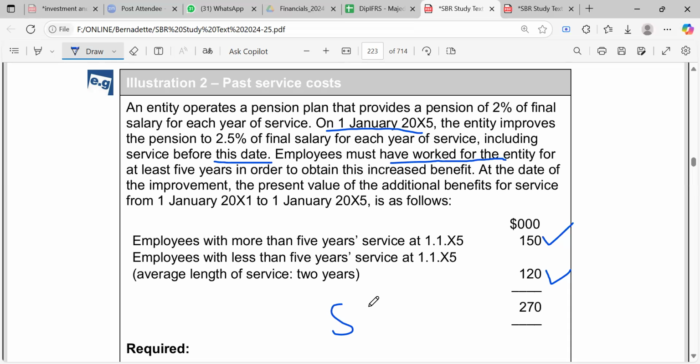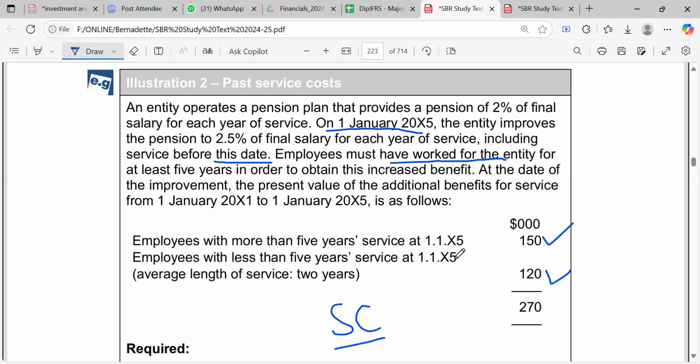Recognizing the service cost doesn't have anything to do with the benefits. It would just increase the obligation, like we said. But actually, when you want to pay, you won't have to pay such benefits. And that's why you can see here, we have employees should have been for at least 5 years, but we have employees with more than 5 years, 150.